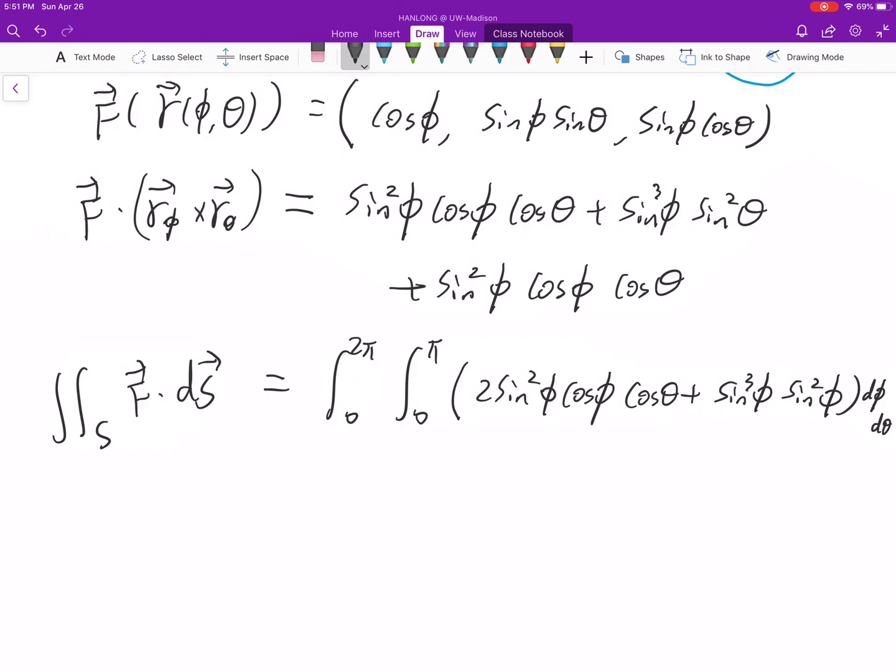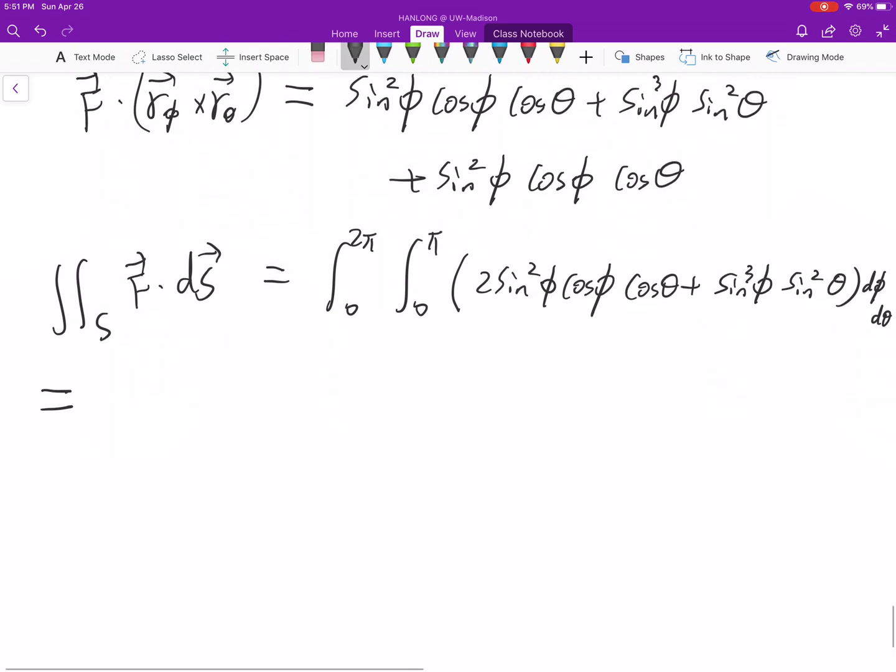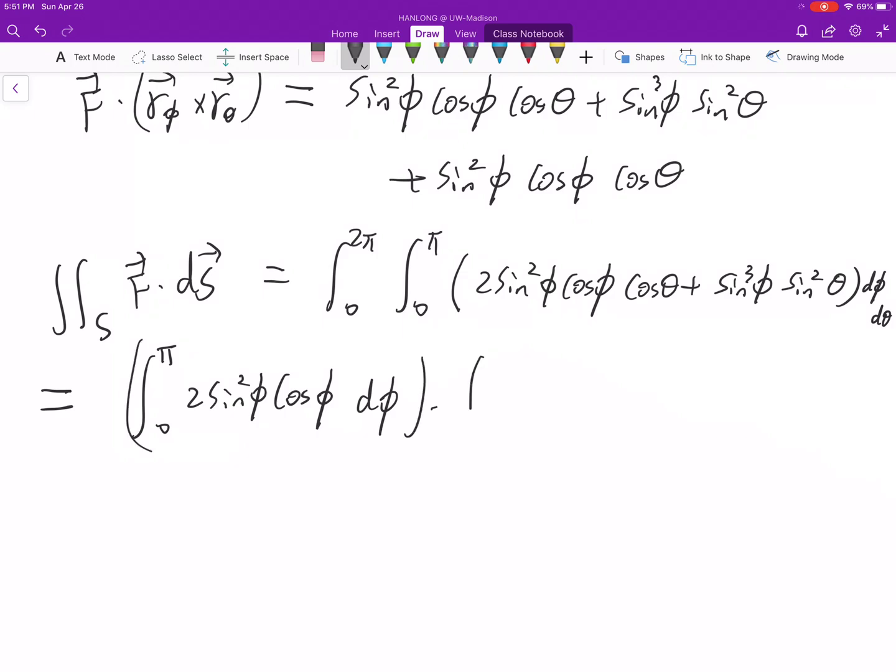Okay, then, oh sorry, here you have this is theta. Okay, then we can compute it. I will split these two parts, and because of the time, I leave it to you. This is from 0 to pi sine phi cosine phi d phi times 0 to 2 pi cosine theta d theta. This is the integral of the first item.